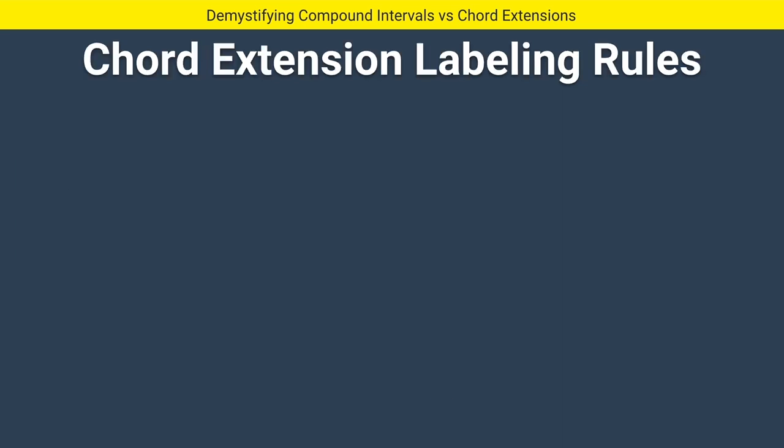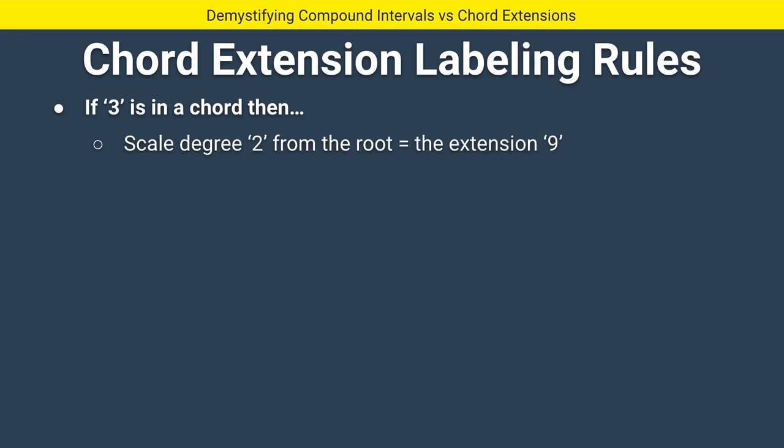But we have a little more to do. Chord extension labeling rules. Let's drive this home. If the 3 is in a chord, scale degree 2 from the root equals the extension 9. If the 3 is in a chord and scale degree 2 is in the chord, then it's called 9.